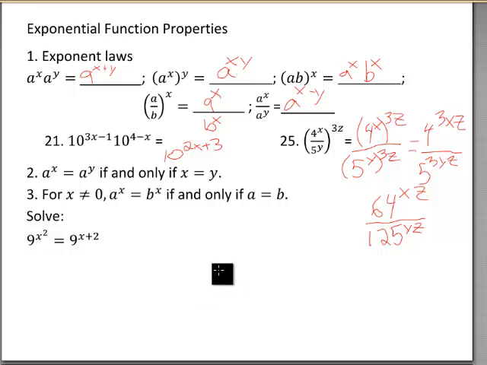Okay? So that gives us the ability to solve equations like this then. Here we see that 9 to this power is equal to 9 to that power. Well, the only way for that to happen is if the two individual powers, x squared and x plus 2, are equal to begin with. So I've set the exponents equal to each other. Now we've got a quadratic. We can set it equal to 0.